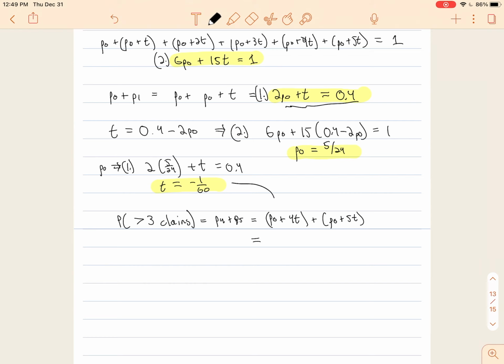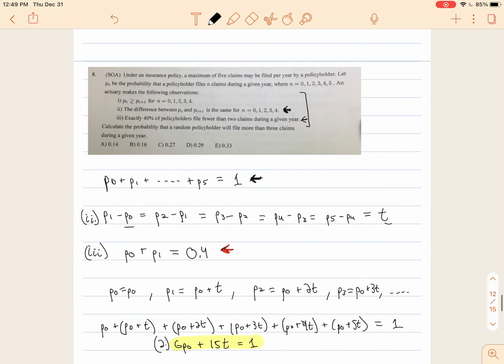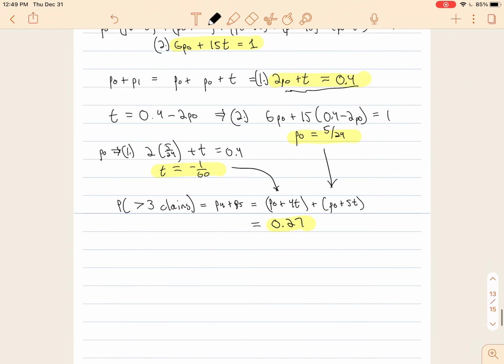We substitute these variables in, and we should end up with 0.27. And that is C. So there you have it, number 8.